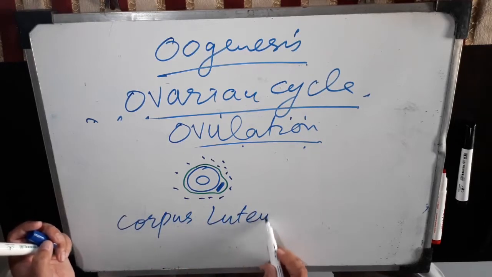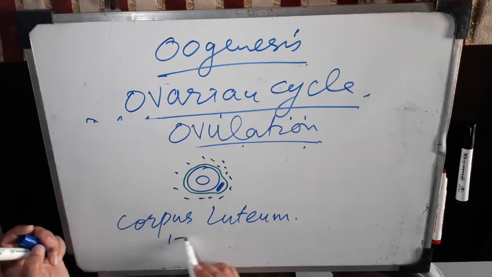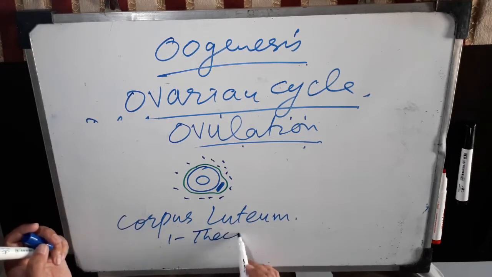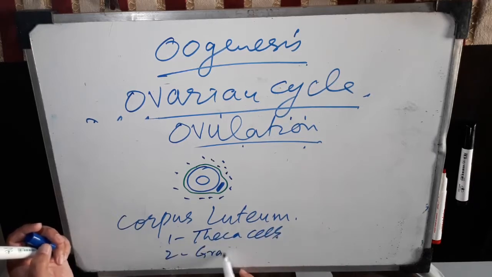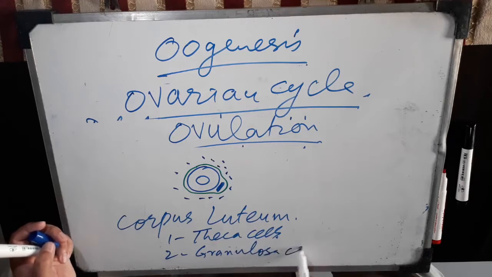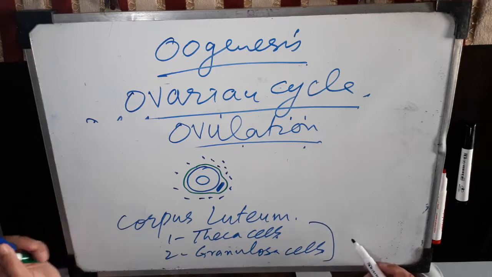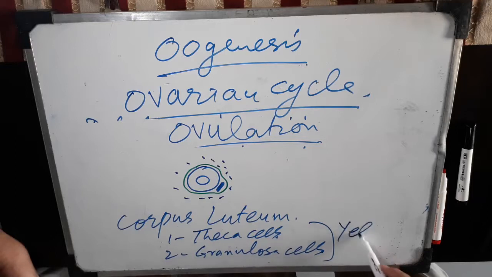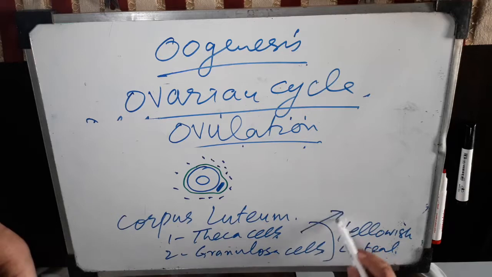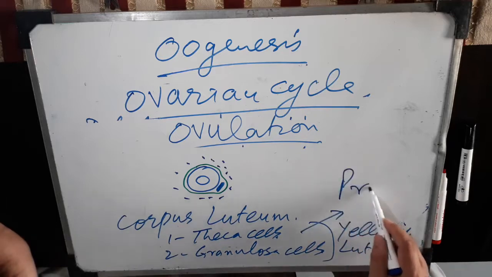The left behind part contains the theca cells, theca layers, and granulosa cells. Now these cells become full of glycogen and yellowish luteal cells, and they start producing progesterone.